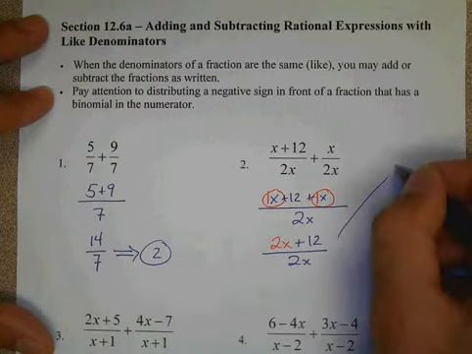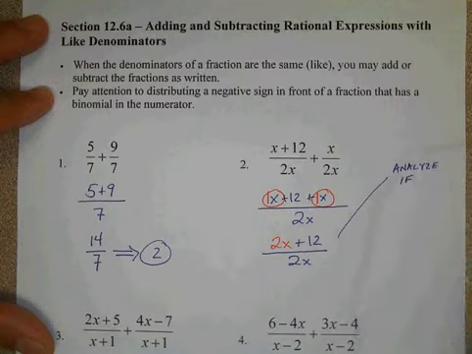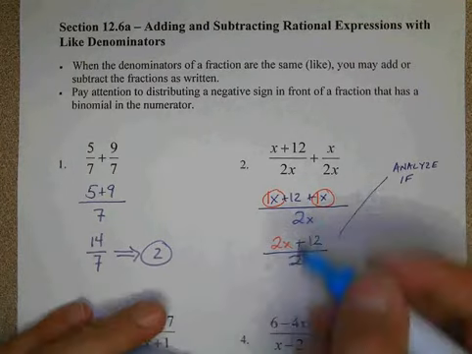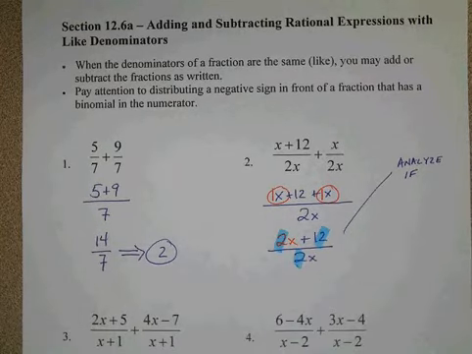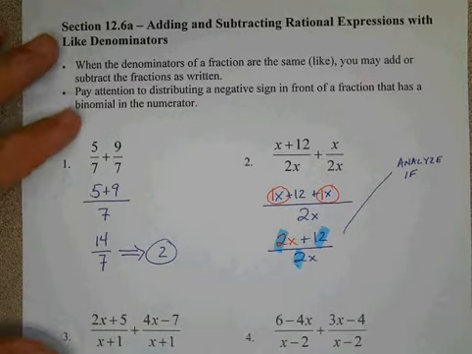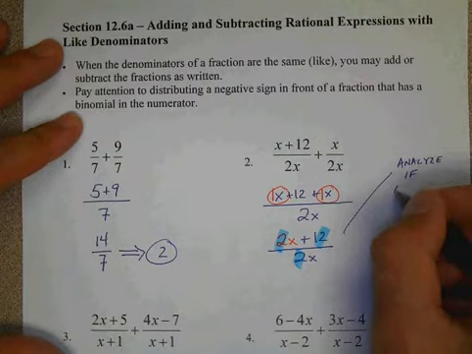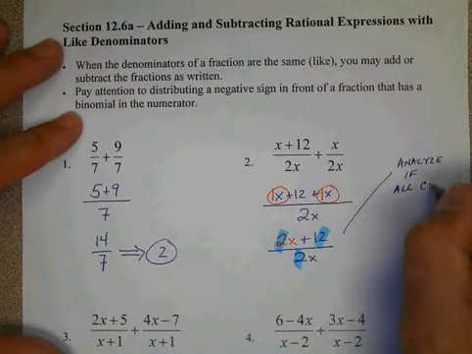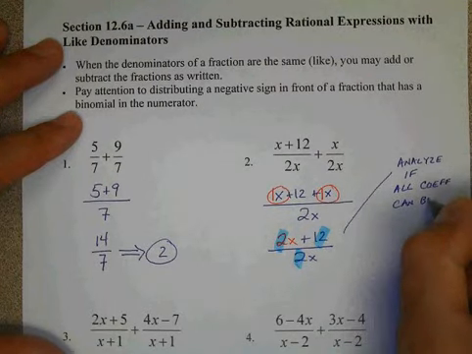Now we need to analyze. And very simply, what are we analyzing? We analyze if all three coefficients are able to be divided by the same thing. So all three, both the 2 and the 12 and the 2, can be reduced. So we need to analyze if all coefficients can be reduced.